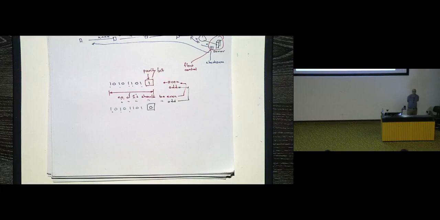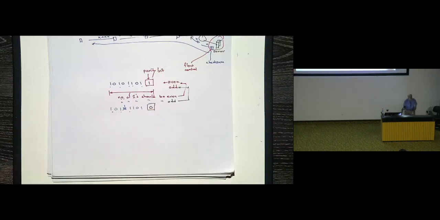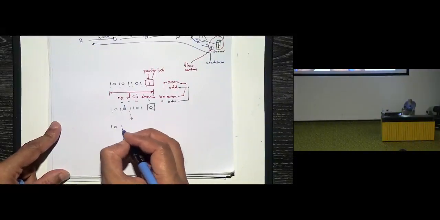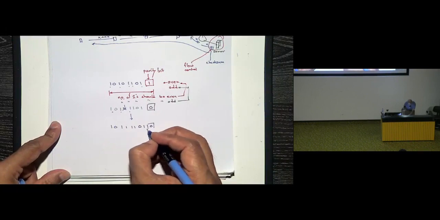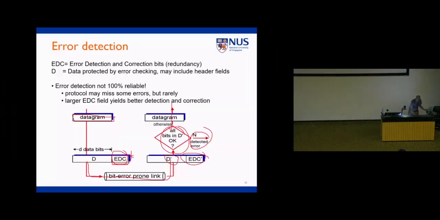Okay. So how is this going to help me detect errors? So the way it will help is, let's say I transmit this, and during transmission, this 0 becomes a 1. So at the receiver, what I get is 1, 0, 1, 1, 1, 1, 0, 1, and there's a 0 for the parity. Now my decision making comes in here, this part when I'm trying to decide if there's any error or not.